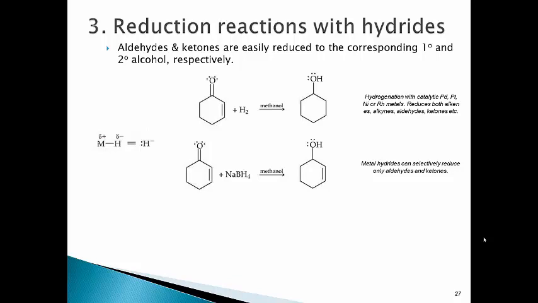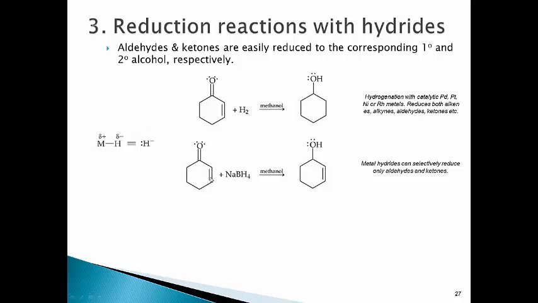Okay, so just remember your reduction reactions like we talked about before. So it's exactly the same slide as before, so this is just me refreshing you on what we talked about. So we've talked about hydrogenation in the past, where you've got hydrogen and a metal catalyst such as palladium. Under these conditions, you can go from a carbonyl to an alcohol, but you also lose any double or triple bonds that were on the original molecule, going down to that alkane.